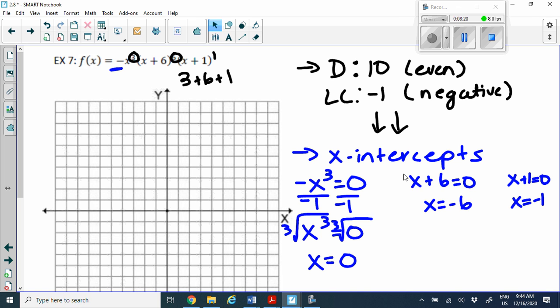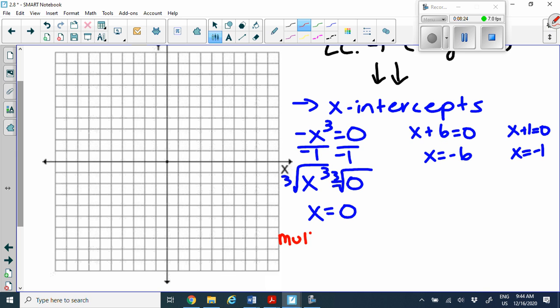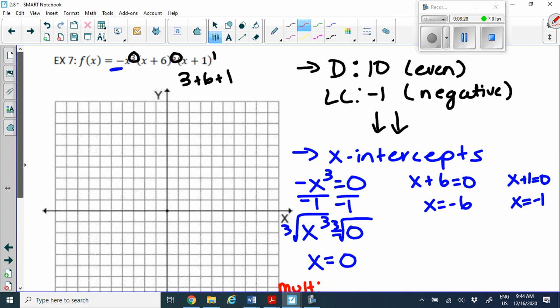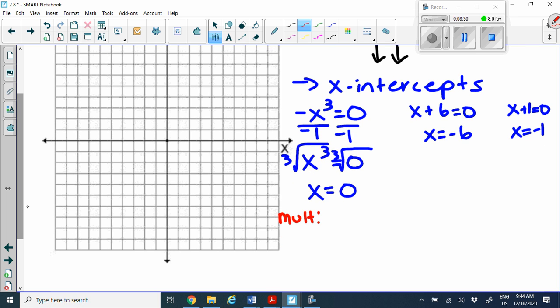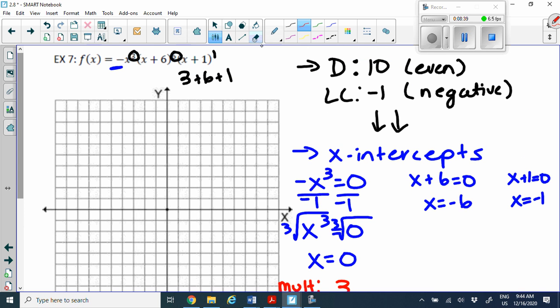Okay, now lastly, we need to talk about the multiplicity. So on the x³, notice the exponent is 3. That is odd, so we will cross. On the factor of x + 6, notice that we have, and I'm going to erase some of this so you can see, an exponent of 6.